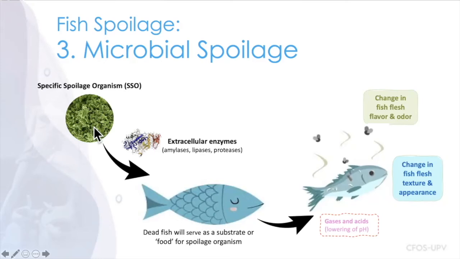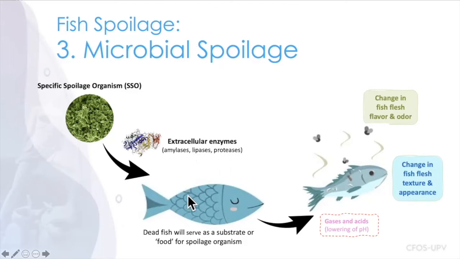Microorganisms are capable of producing enzymes, and that enzyme could be amylases, lipases, and proteases. So, these types of enzymes attack on specific substrates. Itong amylases sa carbohydrates, lipases sa lipids, and yung proteases sa proteins. Okay?